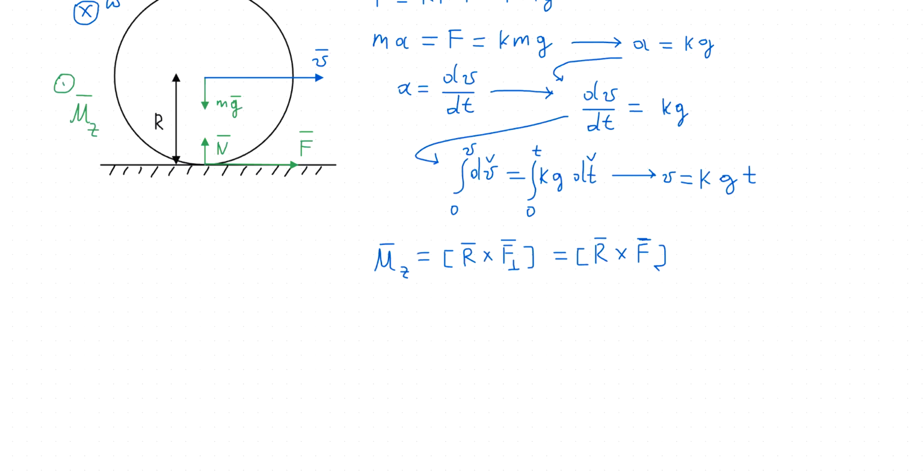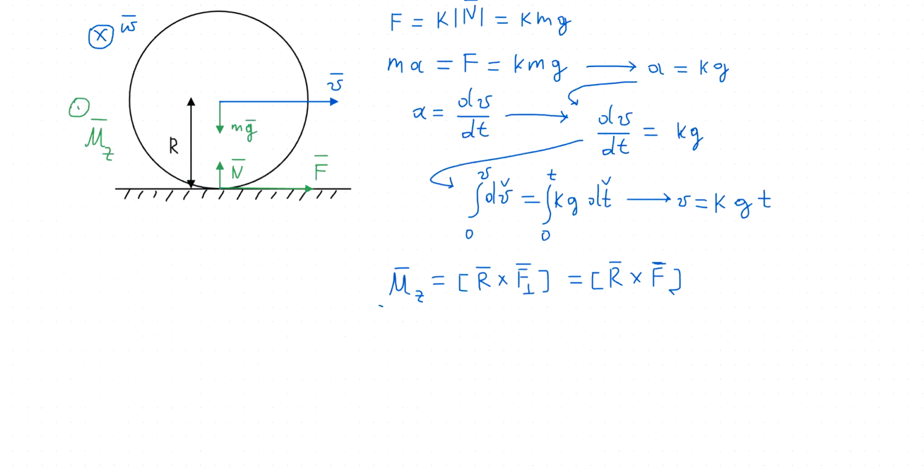Here we have a vector equation, but the scalar modulus of this vector will be more useful. How to get this? How to get the absolute value of the torque Mz?